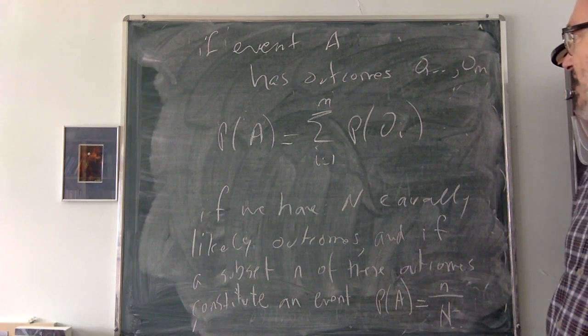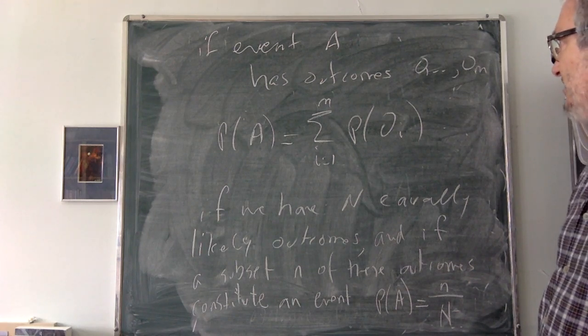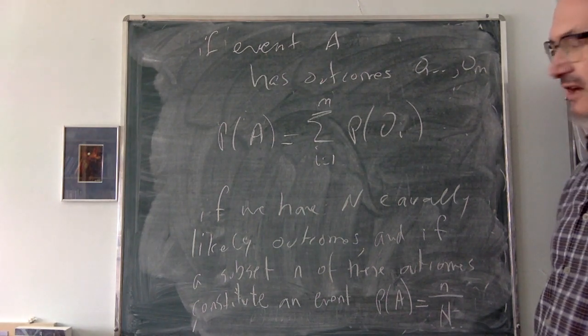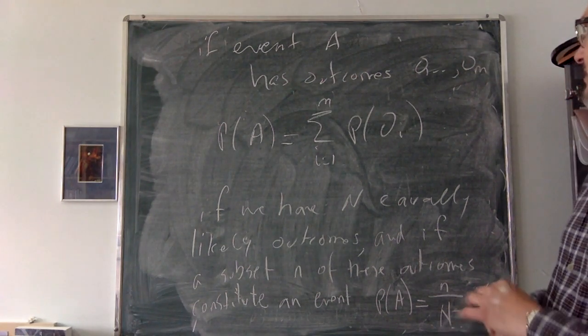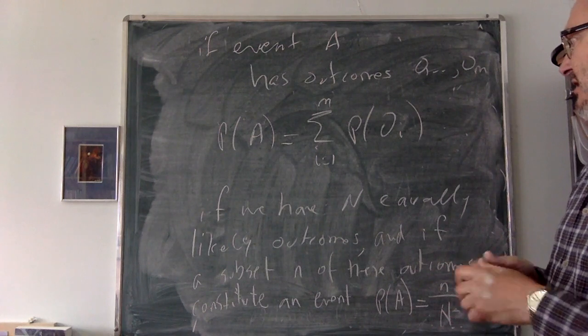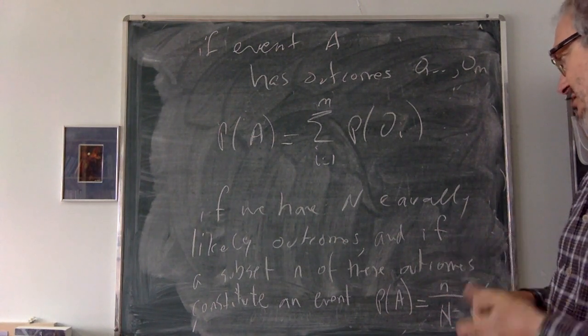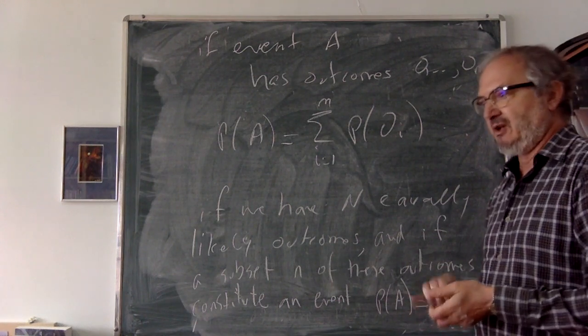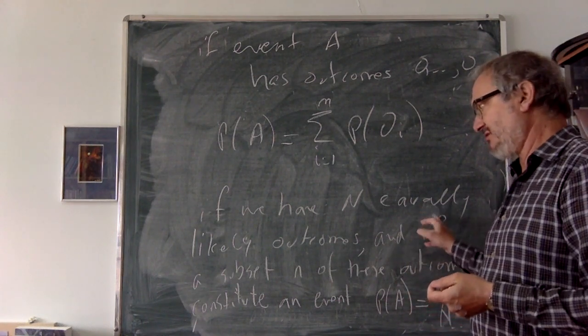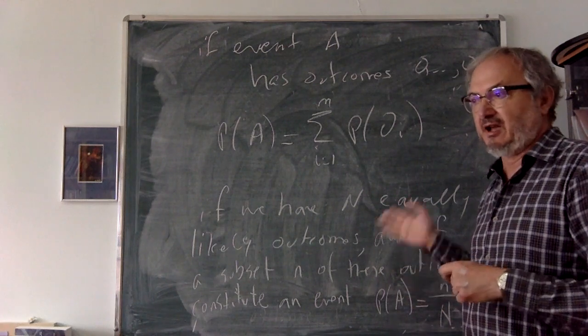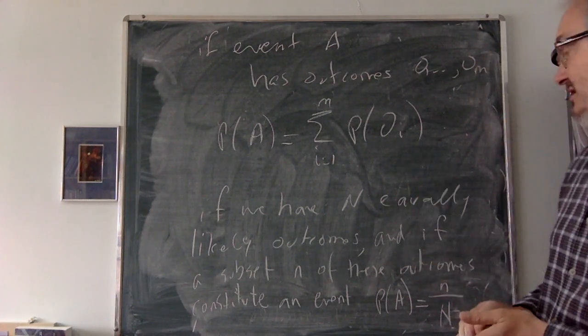Basically, you're saying I am characterizing all events by the kind of outcomes they manifest, and the way I'm going to measure this is I'm going to look at all outcomes, assuming they're equally likely, and that's a big assumption. We can talk about this later.